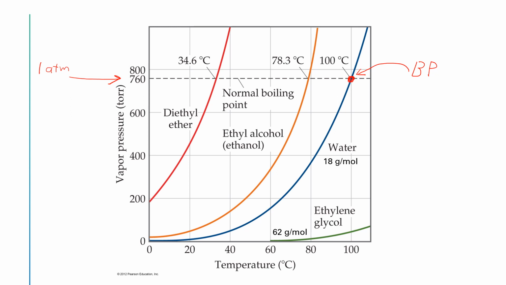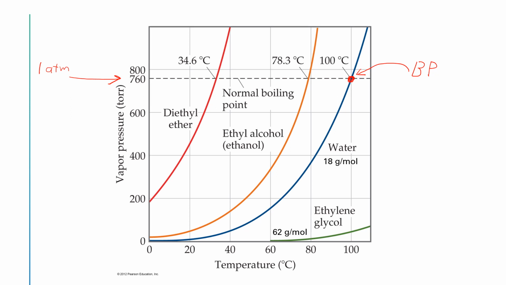That is actually a general statement. Or a better way to say that would be, we can generalize that statement. Any substance will boil when its vapor pressure is equal to the applied atmospheric pressure.